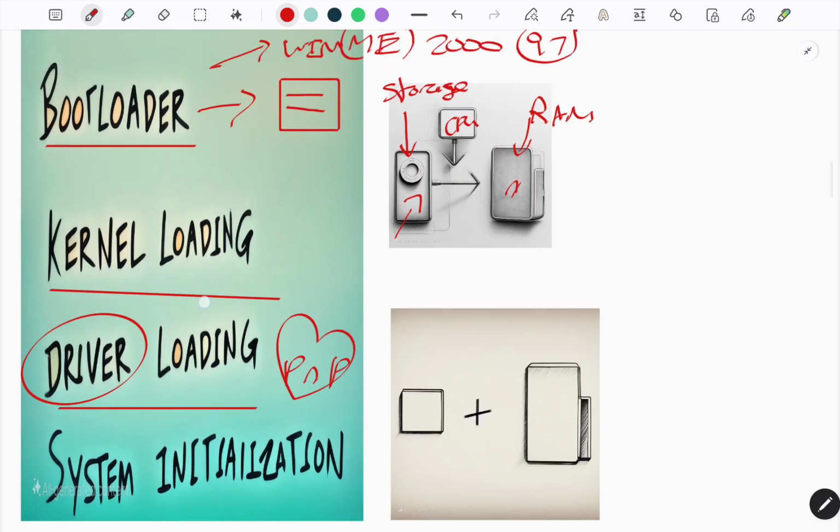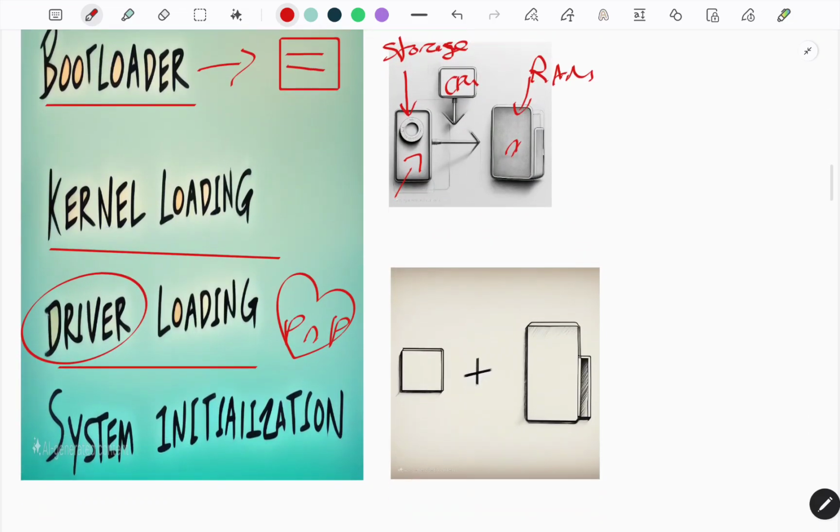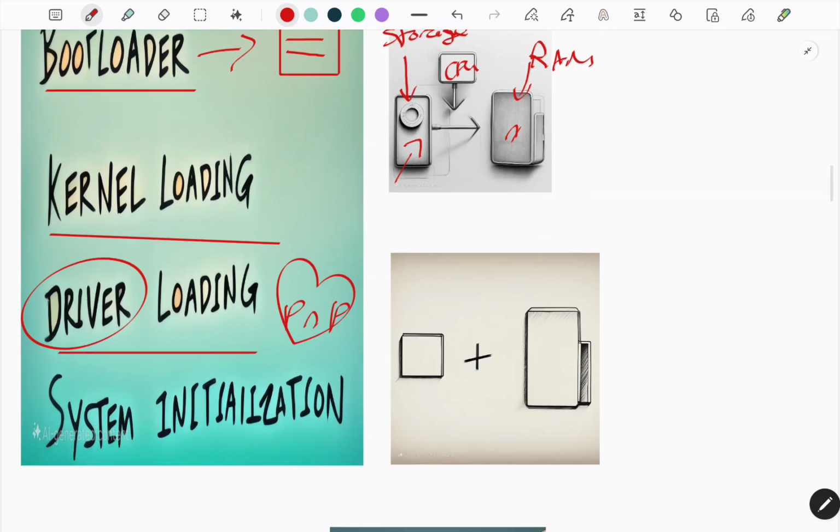Then over here, once it boots, it goes into the kernel, loads into the RAM, and starts up the OS. The following stage is to load the drivers, all the keyboards, the cam, everything, scanner, printer, and so on. In later systems, you have the fingerprint sensor or face recognition.